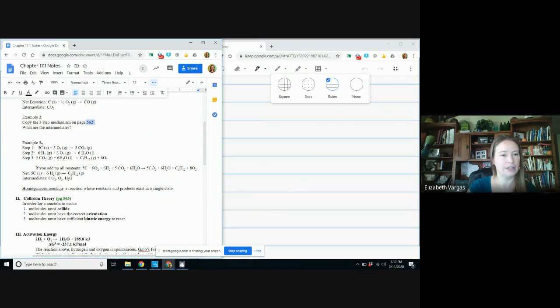The carbon combines with the oxygen to make 5 carbon dioxides, and then you have to have the hydrogen reacting with oxygen to make the waters, and then the carbon dioxide and the water comes together to make this guy, which is pentane, and it releases oxygen at the same time. So there's 2 ways to do that net equation. One is to like cancel them out and then write the net after you've crossed stuff off.